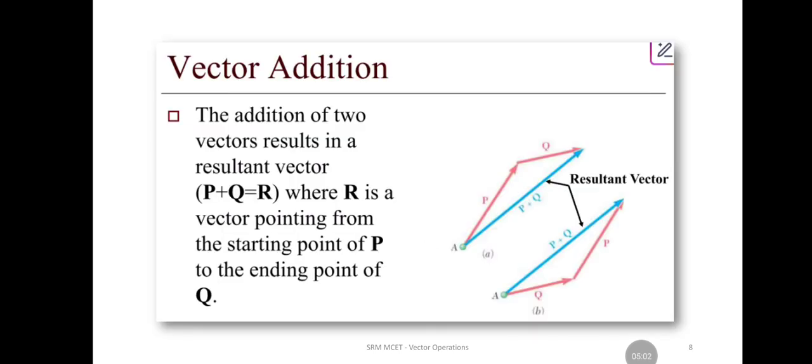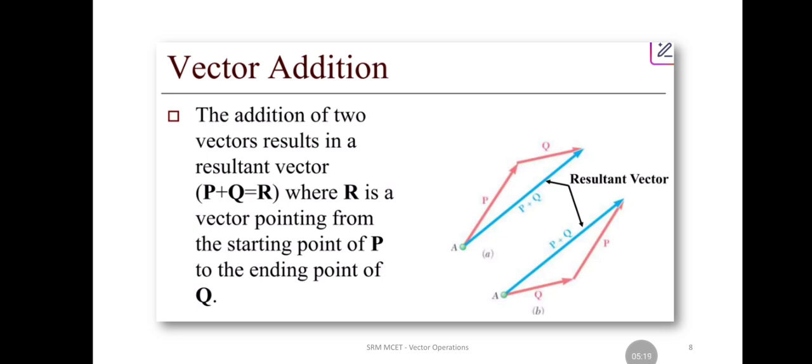So for vector addition, if P is one vector and Q is another vector, the R vector will be the addition of both the P vector as well as the Q vector, following the same direction of P and Q. That is very important. P vector is following a direction and Q vector is again following a direction.